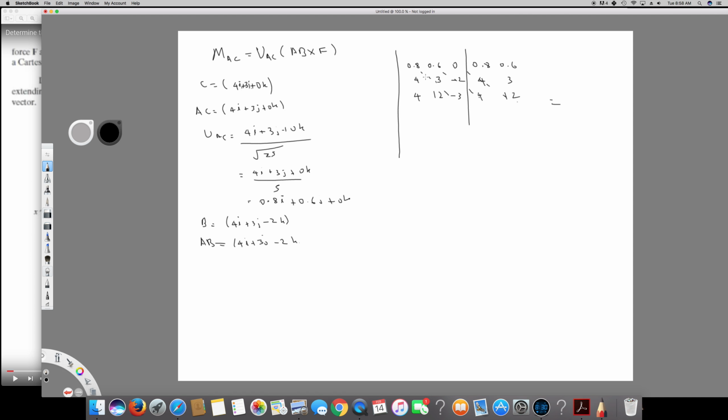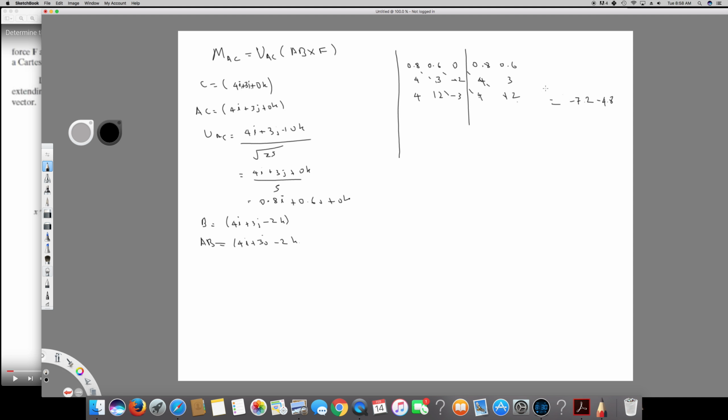So 2.4 times 3 is going to be 7.2, negative 7.2, and this one is negative 6 times 2, negative 1.2, 1.2 times 4 is negative 4.8, and this is 0.